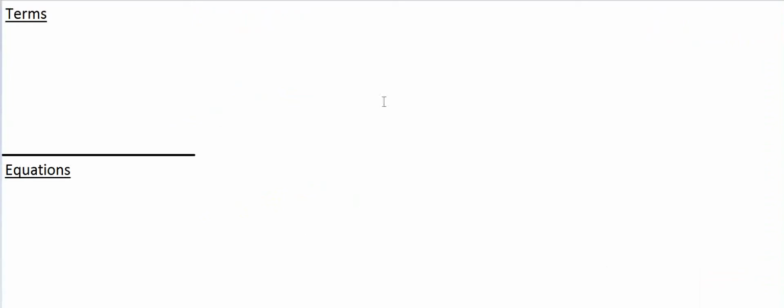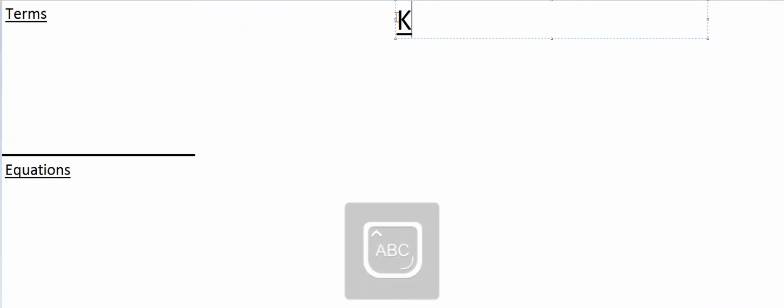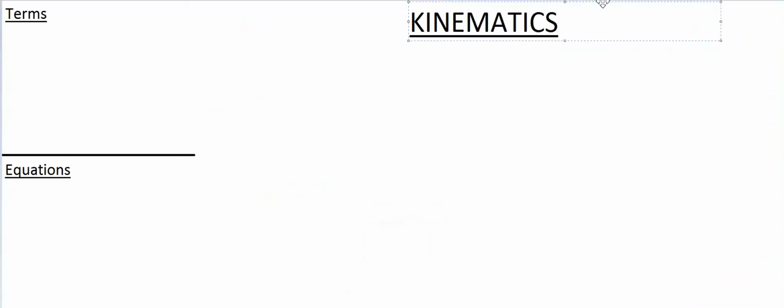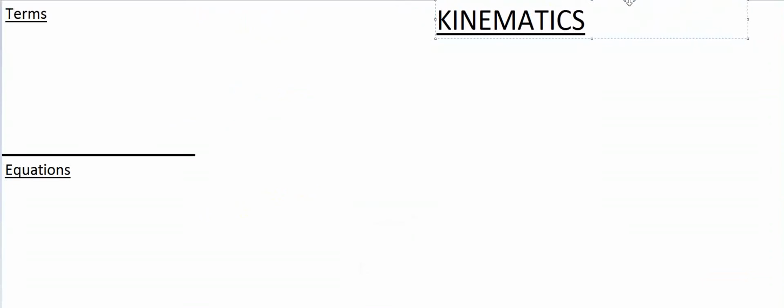Okay, so the next topic I'll be explaining is kinematics. I'll be covering three things in this topic.